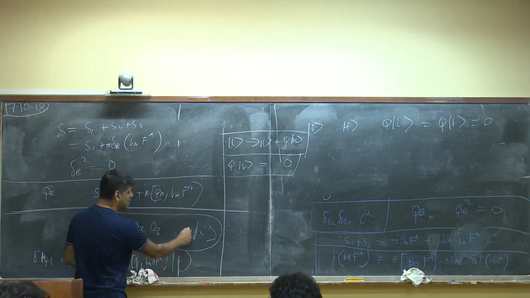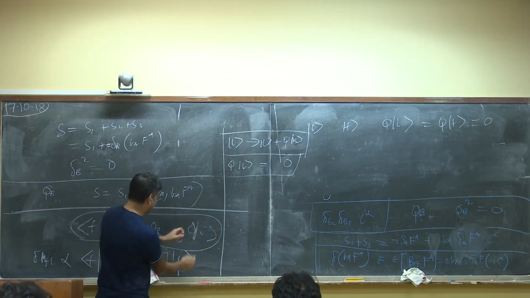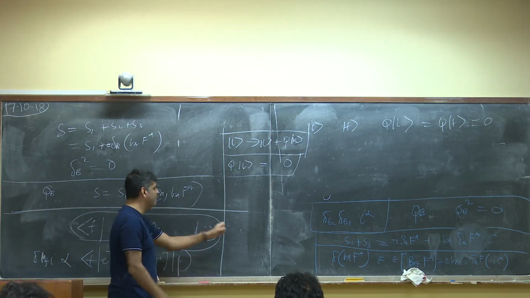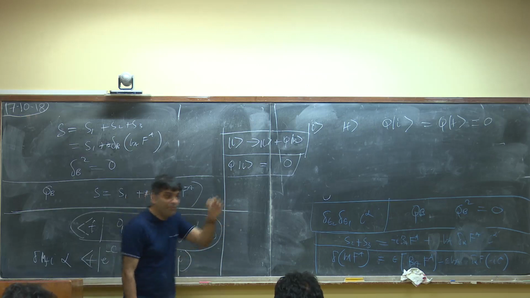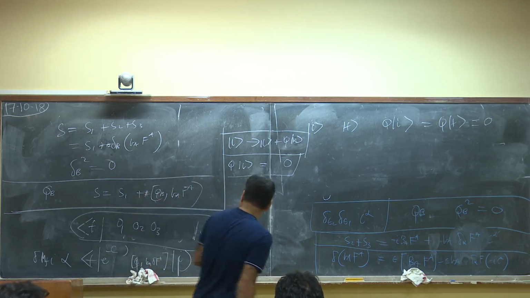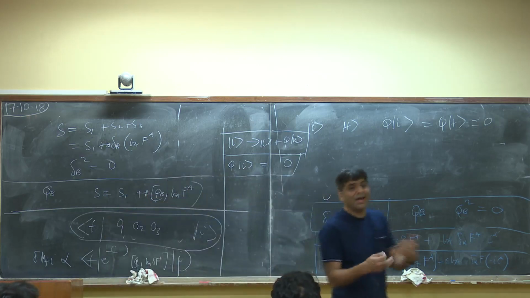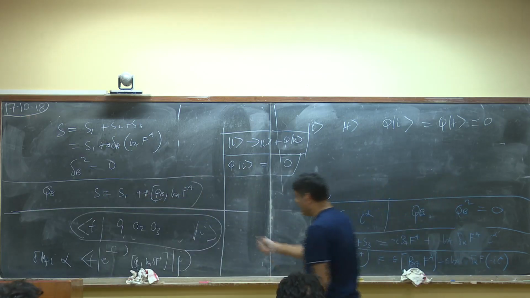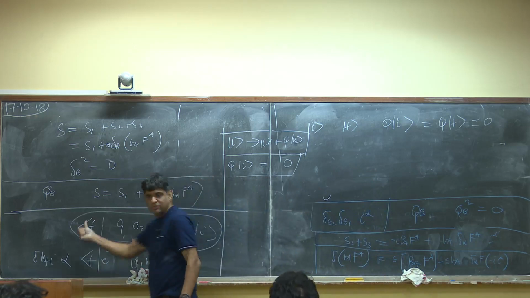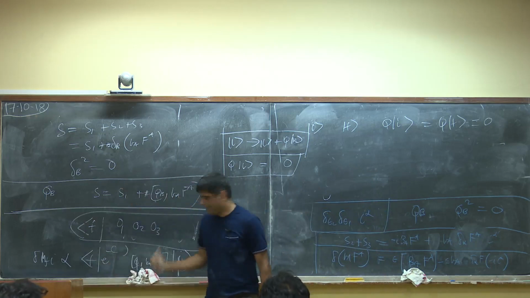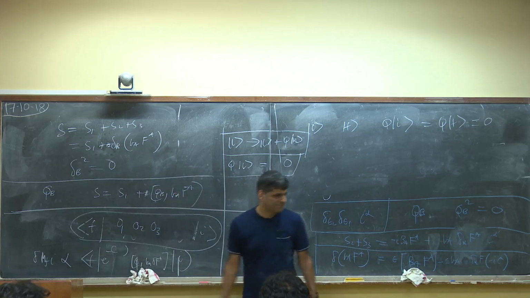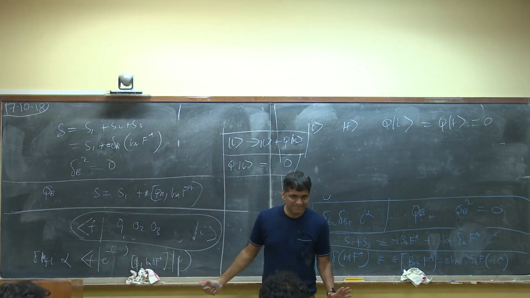Moreover, the equivalence of I with I plus Q times something also goes through when the O's commute with the BRST operator, because all you want is to be able to take the BRST operator through the O's, and you can do that because they commute. Is this clear?